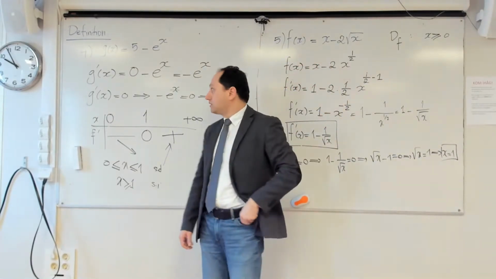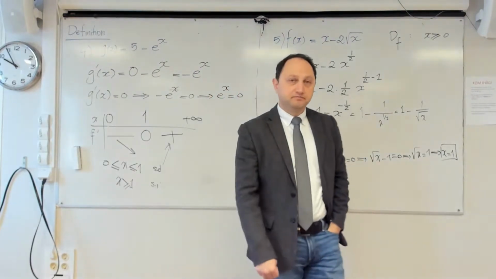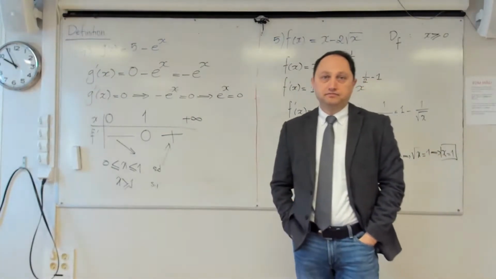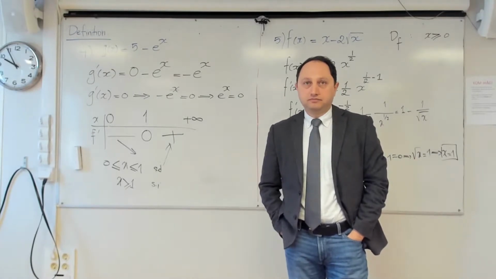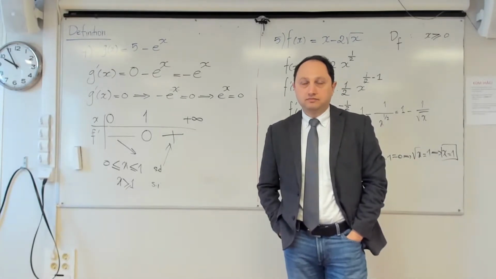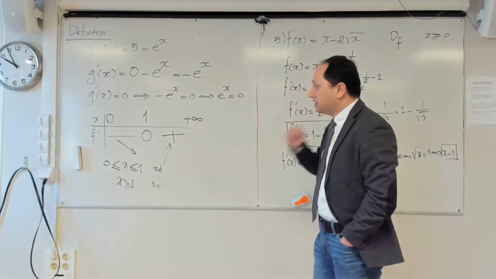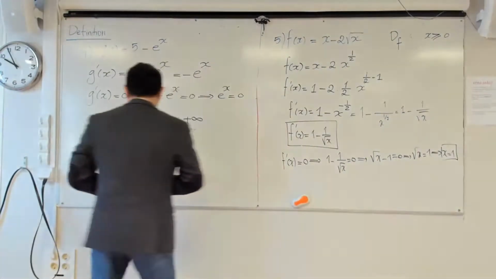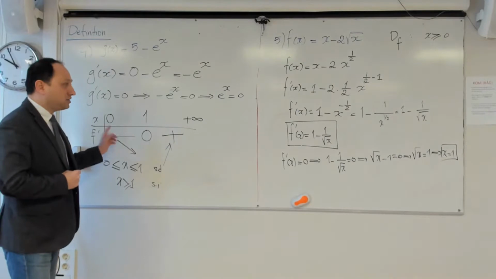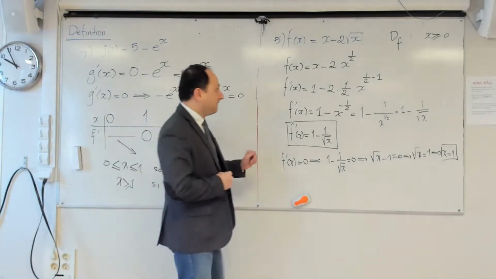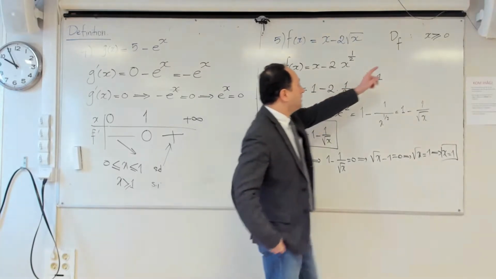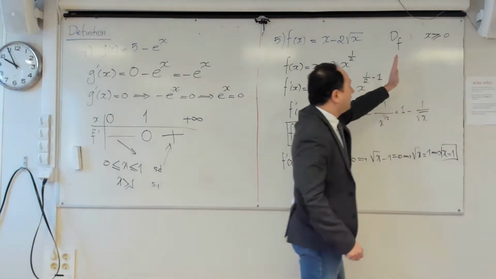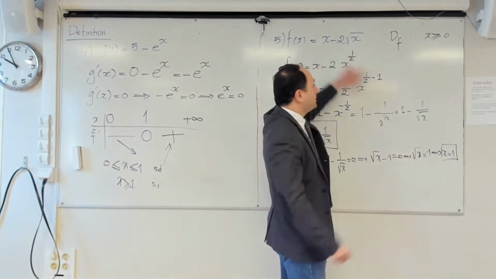Okay, now Martin, what's your question? If a function is discontinuous. Yes, this function is not discontinuous. The function is not discontinuous because first of all, on the left hand side, this is not defined at all.